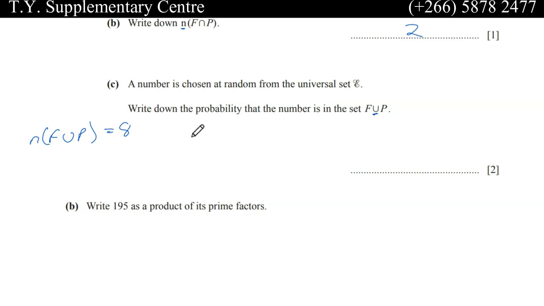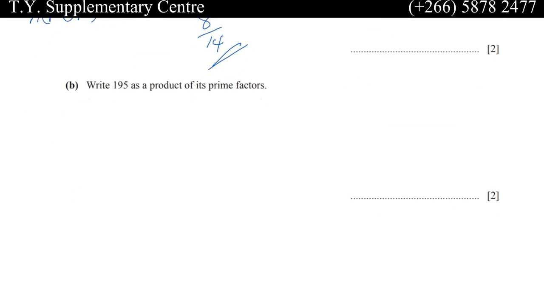So the probability of getting an element which is in F union P, out of the total number of elements in the universal set, will be 8 out of 14. So you can leave this fraction as it is, since we were not told to write the answer in its simplest terms. So you can just leave it as 8 over 14. It's fine. All right, moving on to number B.